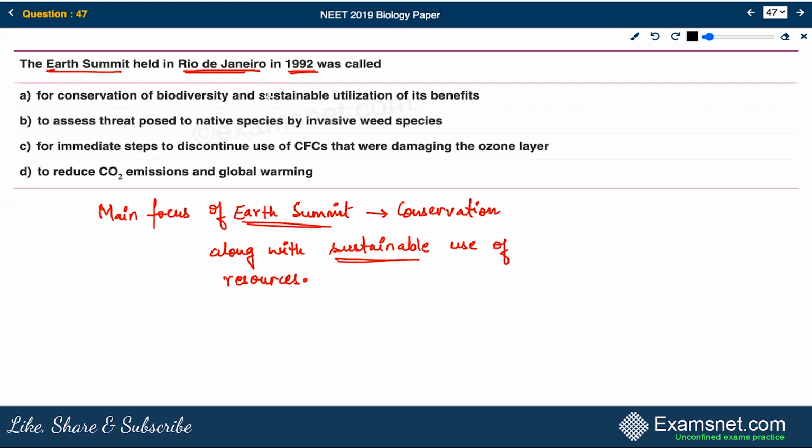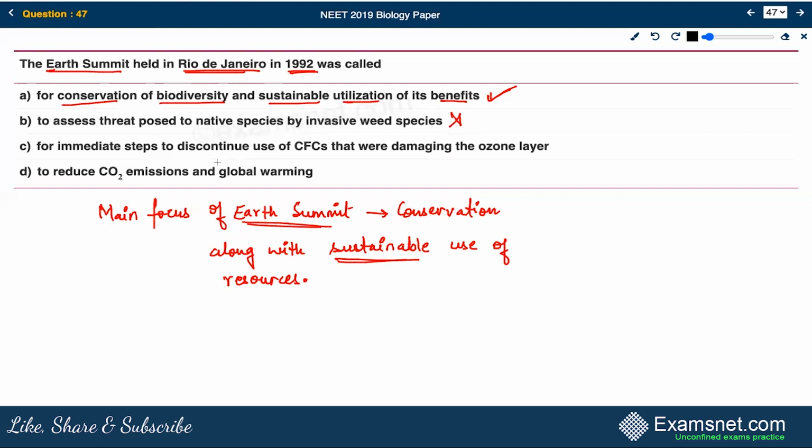So out of all the options on your screen, the first option says conservation of biodiversity and sustainable utilization of its benefit. Exactly, so this is the correct statement. To assess the threat posed to native species by invasive weed species, no, this is not the case.